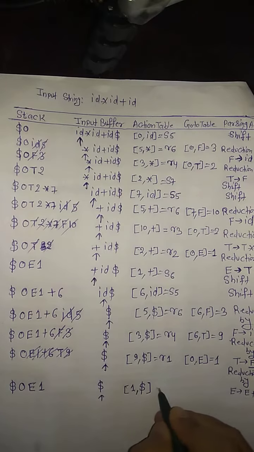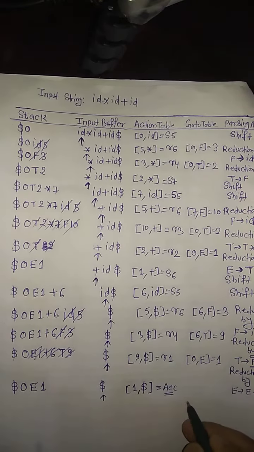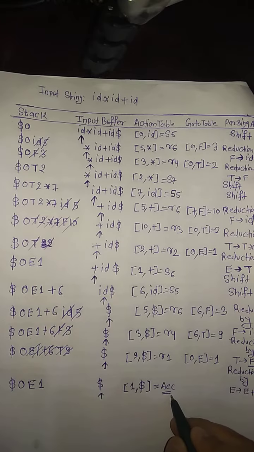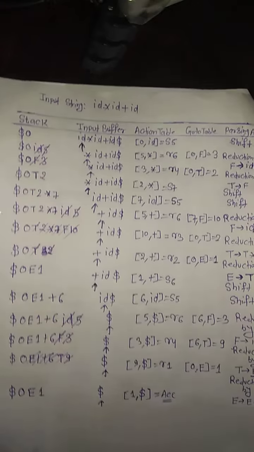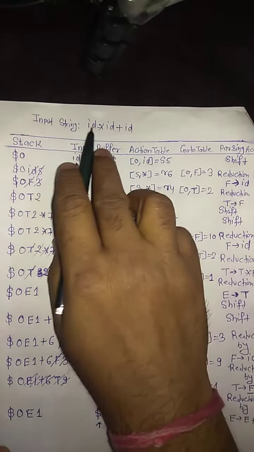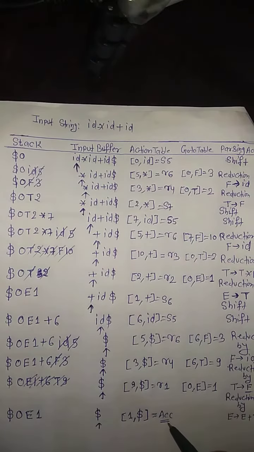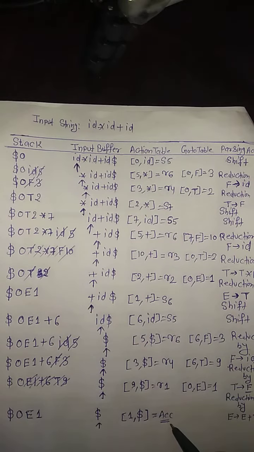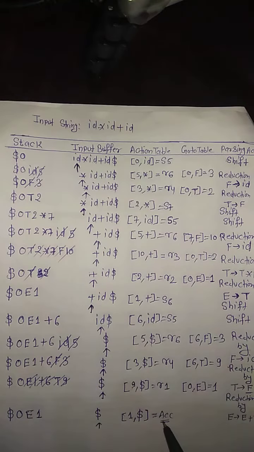So you write here accept. So when you find the accept, it means your string, id star id plus id, has been parsed, and this is the bottom up parsing.